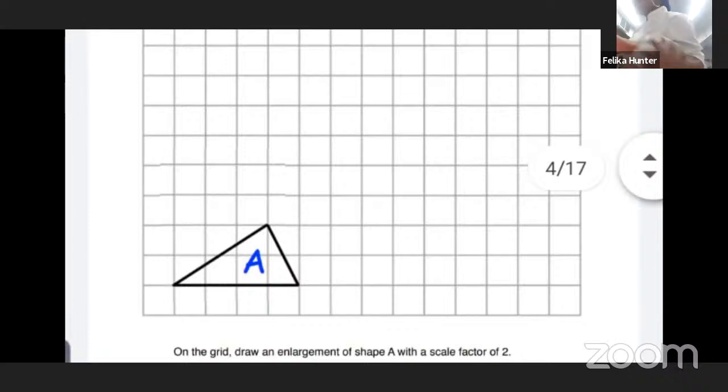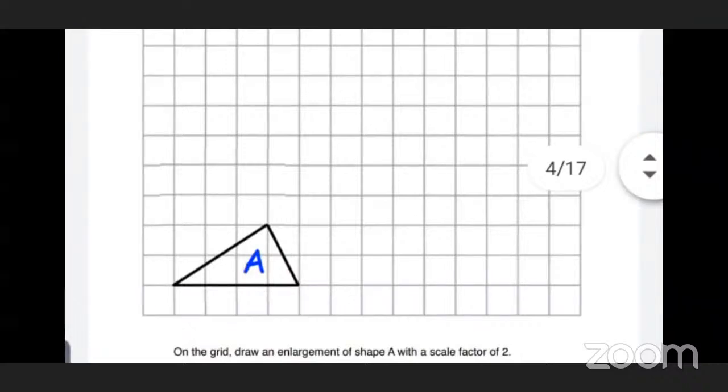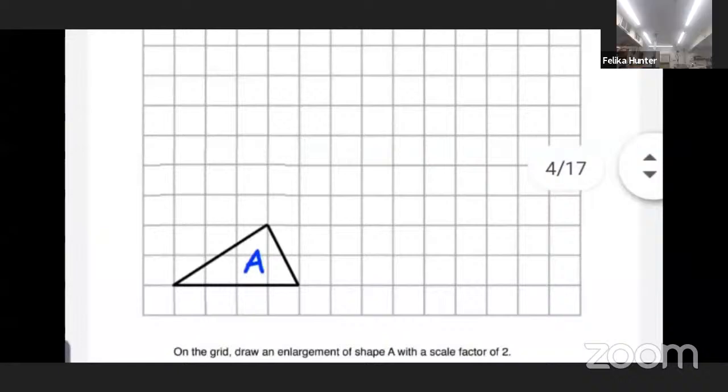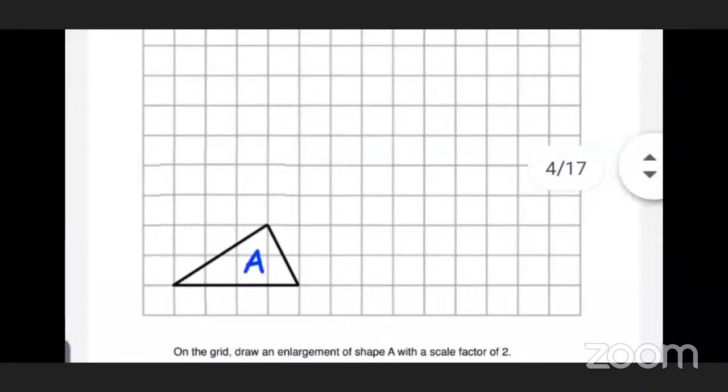All right, give me a second to change my AirPods. Why can't I see the option for annotate?